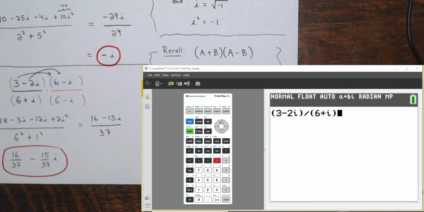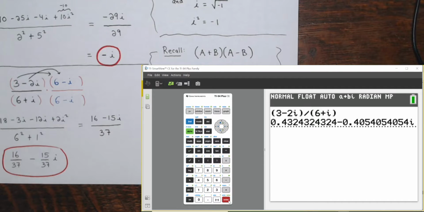And we're going to get some crazy decimals here, right? 0.432432, etc. minus 0.405405405i. My hope is that the real number is 16/37ths, which is what I've written here. And my other hope is that the number times i is 15/37ths.